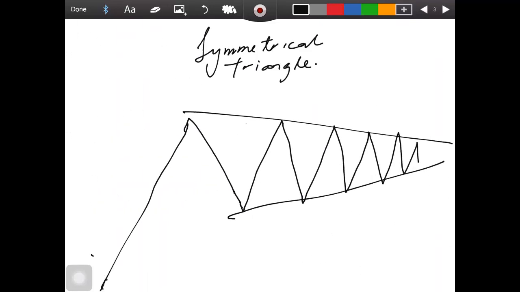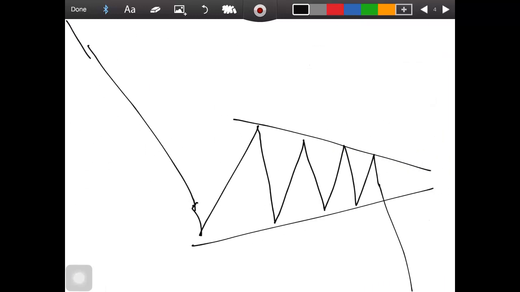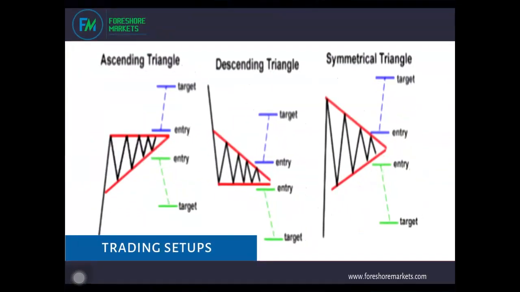It can break to the upside for continuation and to the downside for reversal. In a downtrend, it can break to the downside for continuation and to the upside for reversal. That is how triangles work. They can serve as both continuation patterns and reversal patterns when the initial move fails. So that's all about triangles.